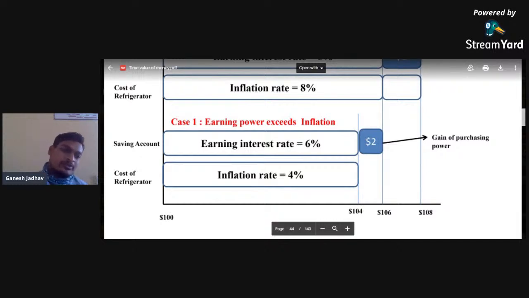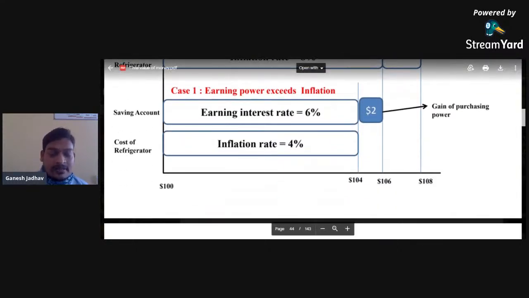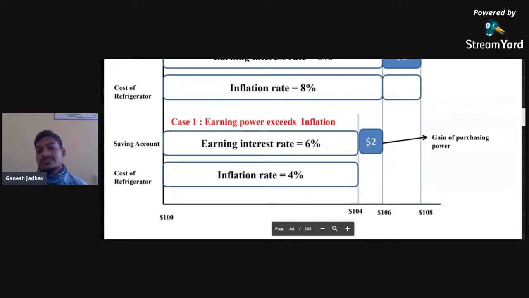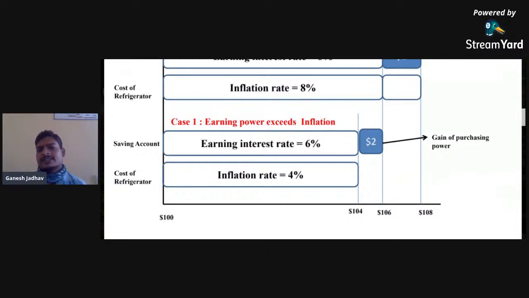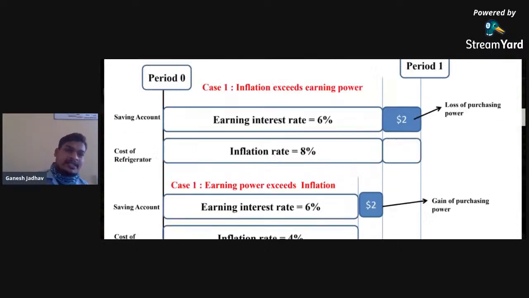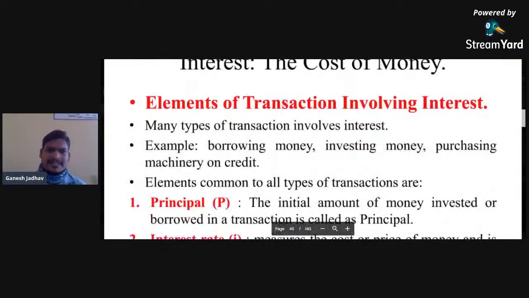The cost of the refrigerator has an inflation rate of 4%. The primary amount is $100, and then with the change in the period it becomes $104, and with the final earning interest of 6% it becomes $108 also. So this is the time value of money.